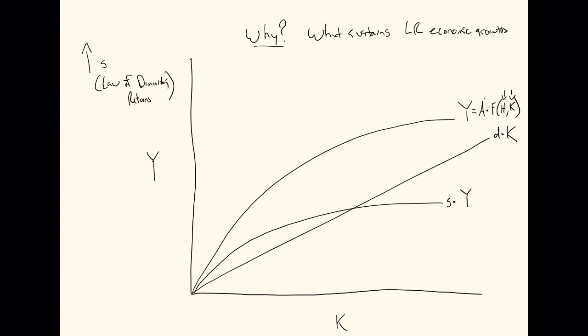So that leaves us with A. So what happens if a country increases its technology, develops technological improvements that help them do things more efficiently?